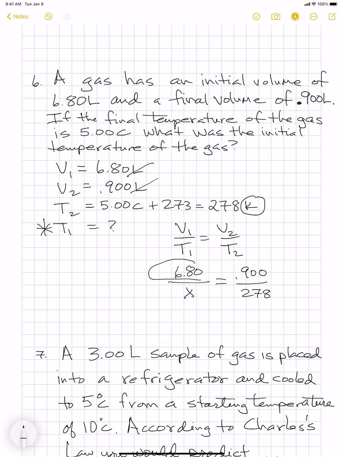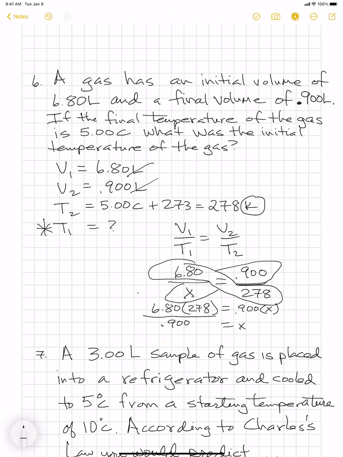Okay, so you're going to cross multiply those two. So you're going to get 6.80 times 278 is equal to, and then you're going to cross multiply these two, which is 0.900 times x, and then to get x, you're just going to divide that by 0.900.